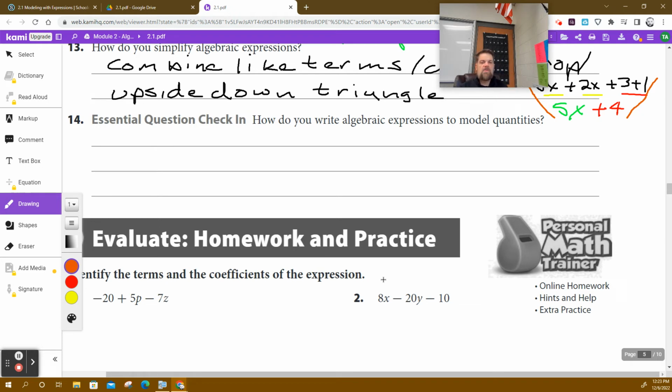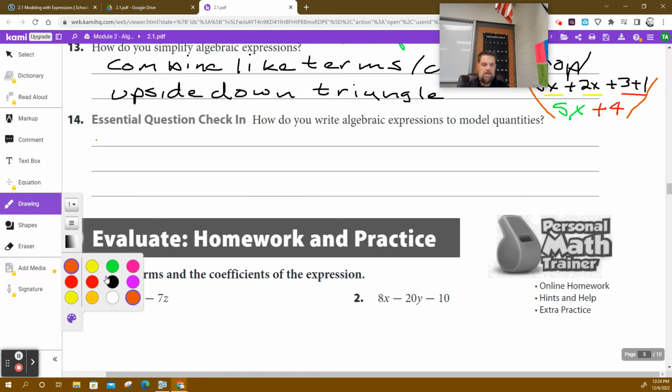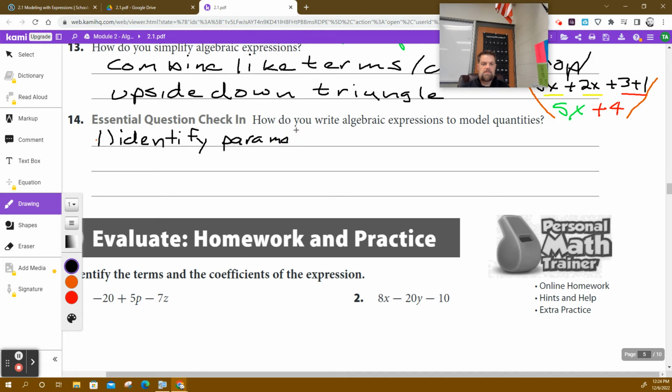Okay. One last question for this, and then we'll let you loose on the homework. It says, how do you write algebraic expressions to model quantity? Well, I'm going to write this in steps. Step 1: identify parameters, and we'll call that a variable.